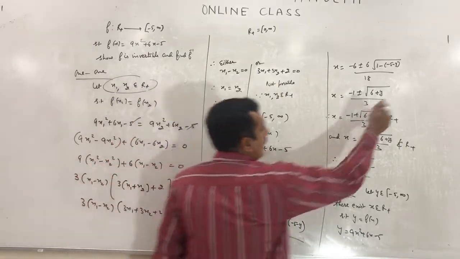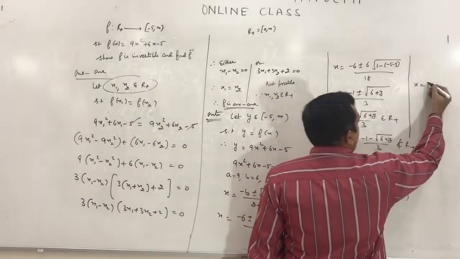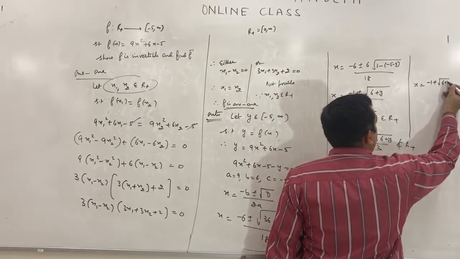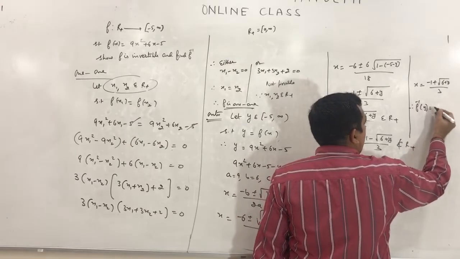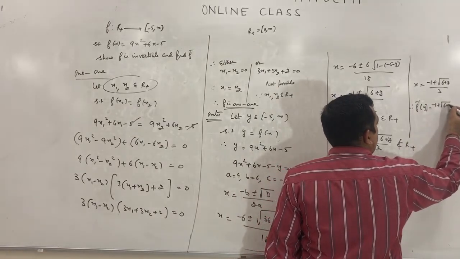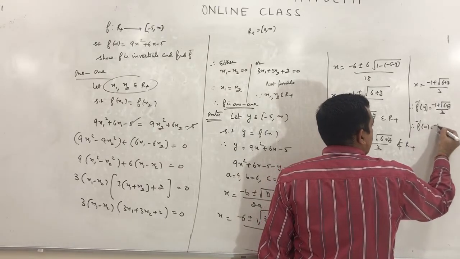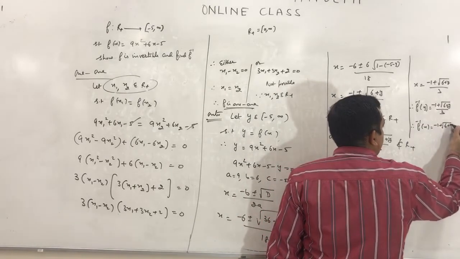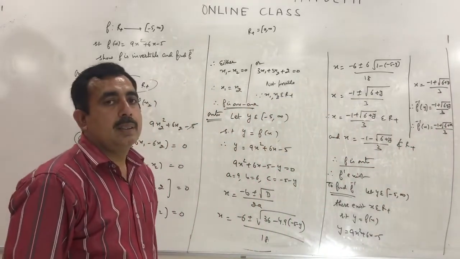In the end you will get x = (-1 + √(6 + y)) / 3, and this x is called the inverse. Inverse of y is this, and therefore inverse of x is this. This is the inverse.